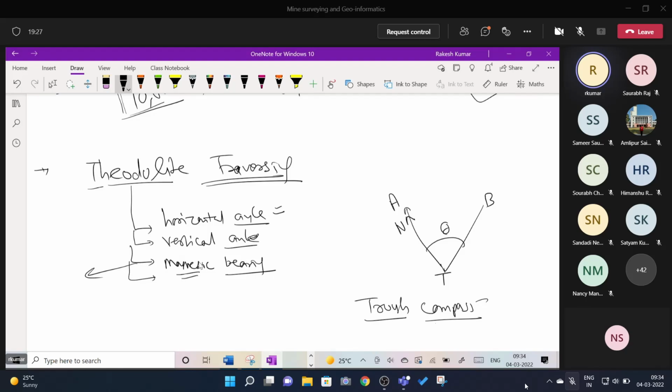Now what are the points for the temporary adjustment of the theodolite? Let me know. Centering, leveling, focusing.